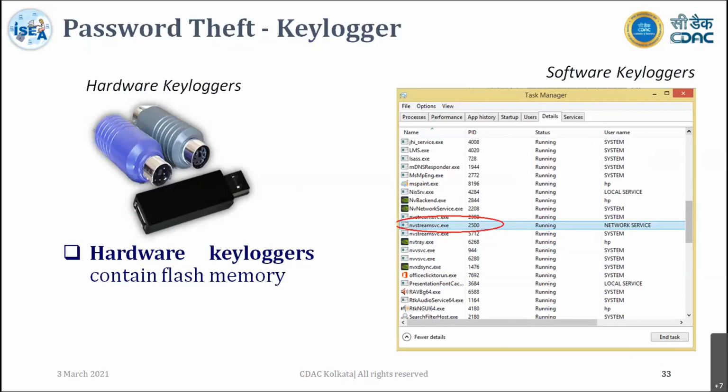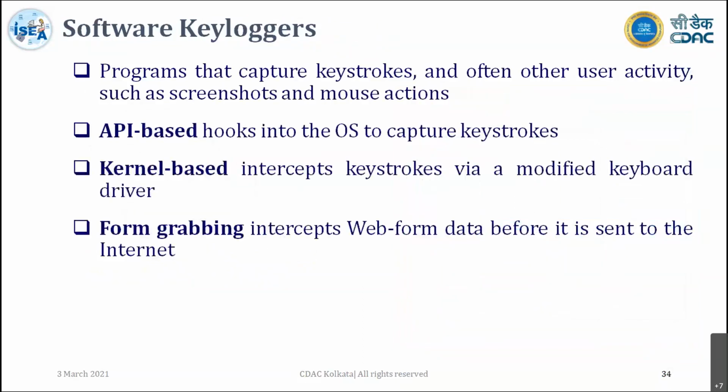Now, software keyloggers, you can only look at their presence in the Task Manager simply by pressing Ctrl Alt Delete and looking at the processes and applications running in your system. If you come across something suspicious, you can always Google search for this application and it will give you the result.